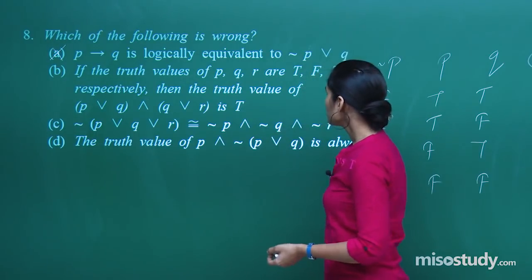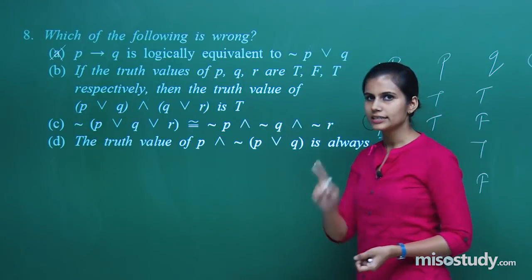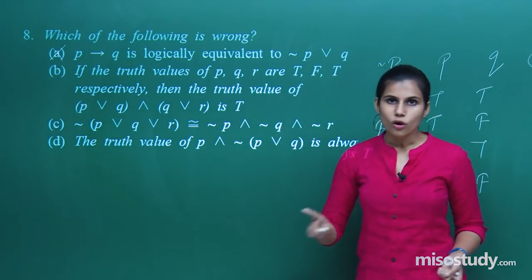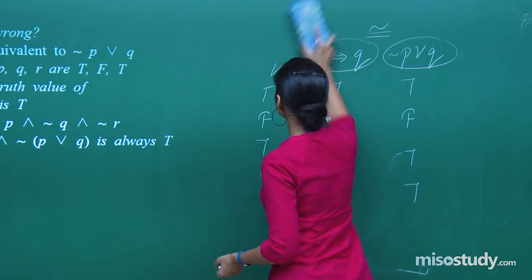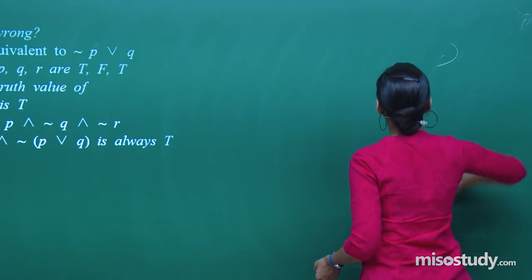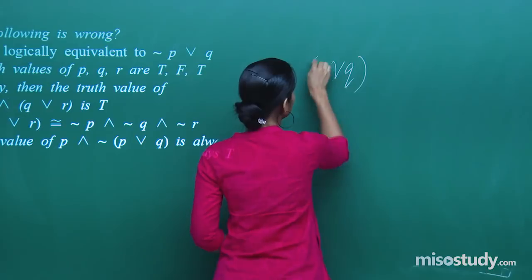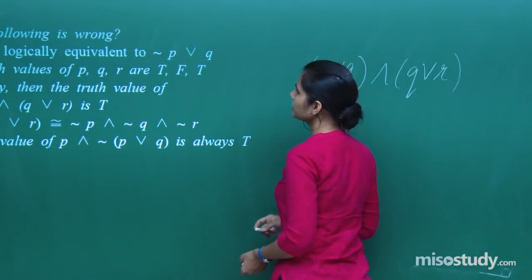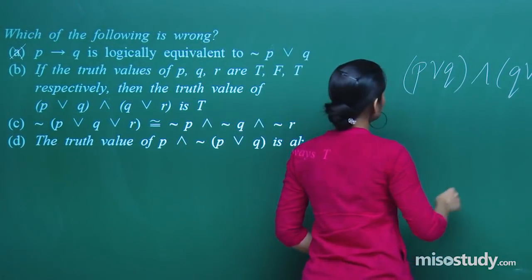If the truth values of P, Q, R are T, F, T respectively, then what is the truth value of this? Understand carefully: P or Q, and Q or R. It is given that P is true, Q is false and R is true.